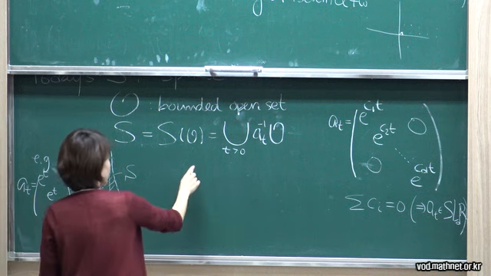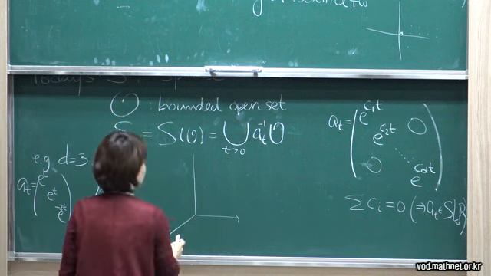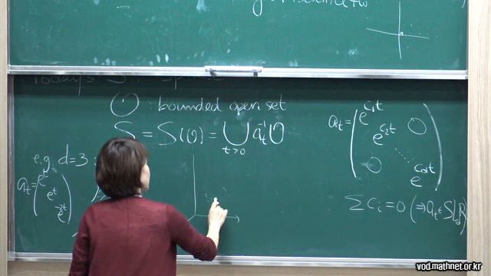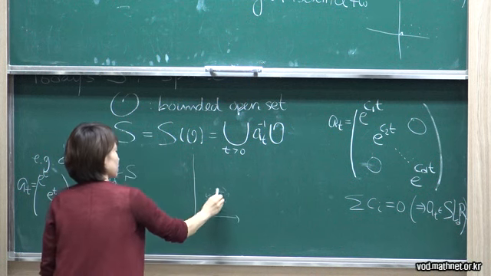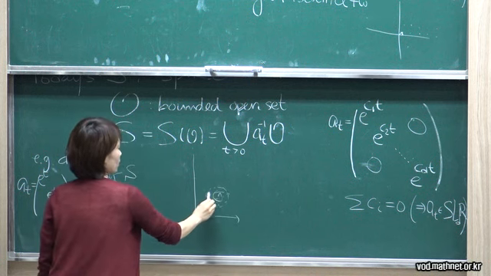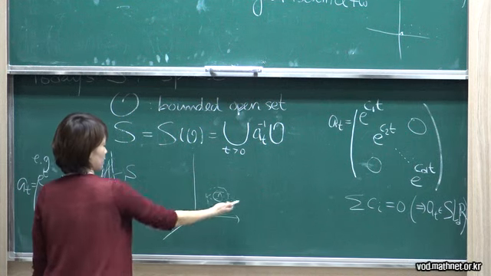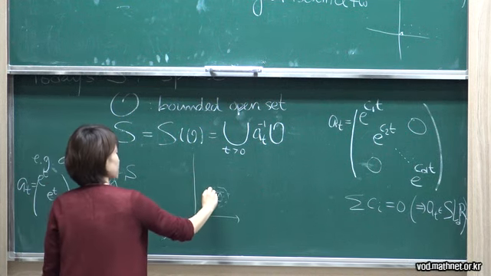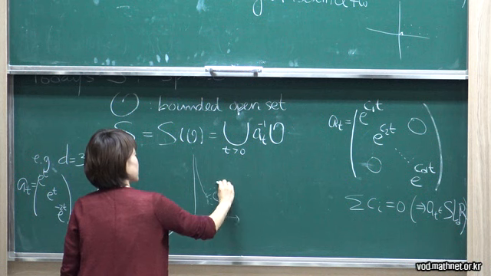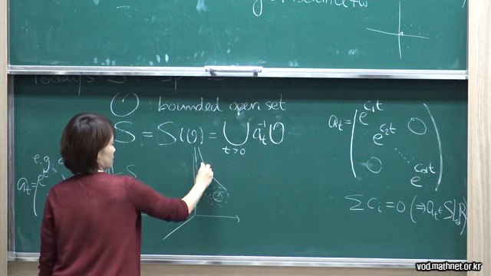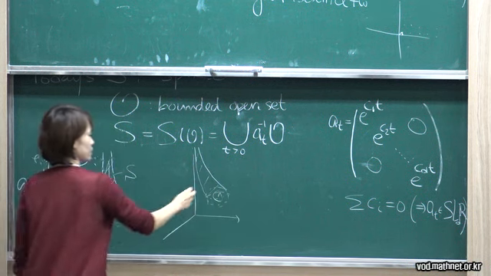But this O doesn't have to contain 0. If this is my O, some small ball above the XY plane, then you'll have a spike looking like this.